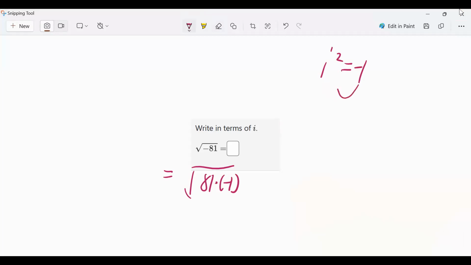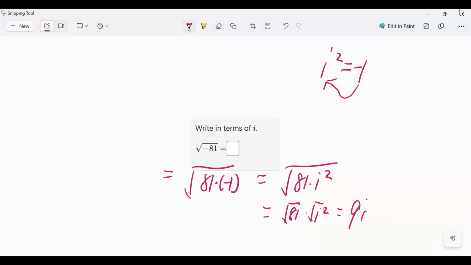Anytime it's -1, it's i squared. Going back here, it will be radical 81 times i squared. Now it splits into two radicals, radical 81 and radical i squared. Radical 81 is 9, radical i squared is i. So again, 9i. And so the square root of the negative number in terms of i gives us 9i.